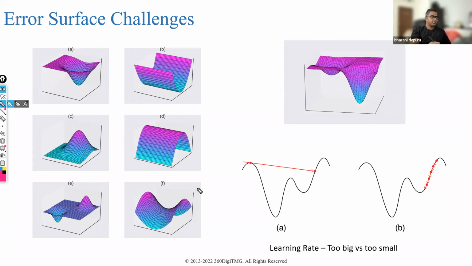Saddle point and all, we have discussed, right? Learning rate. If the learning rate is too big, learning rate or eta value, we know for a fact that it ranges from 0 to 1. If the learning rate value is too large, then it won't go to this minima. It will jump to another value.